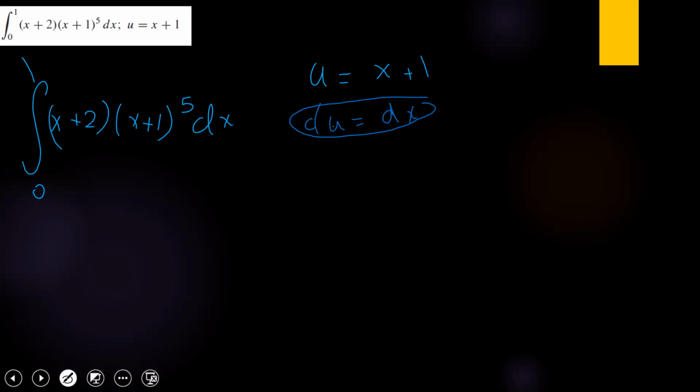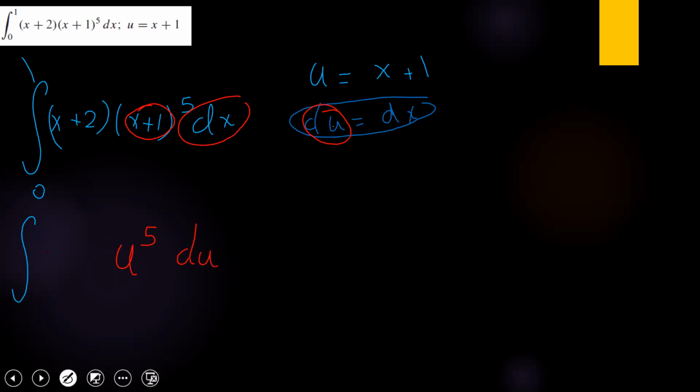That's why we call it integration by substitution. Now, instead of writing x plus 1, I have u. So let's write it as u to the power 5. And instead of writing dx, I want you to write du.